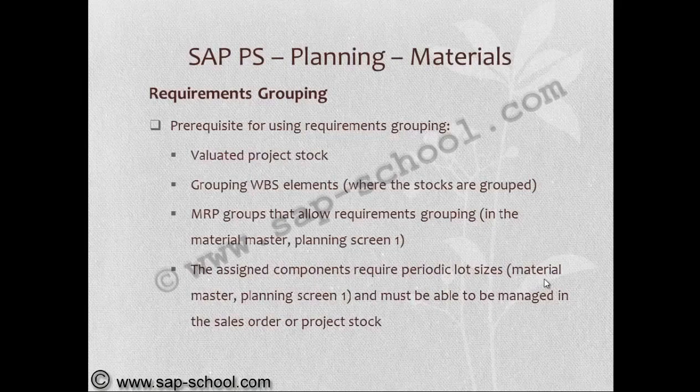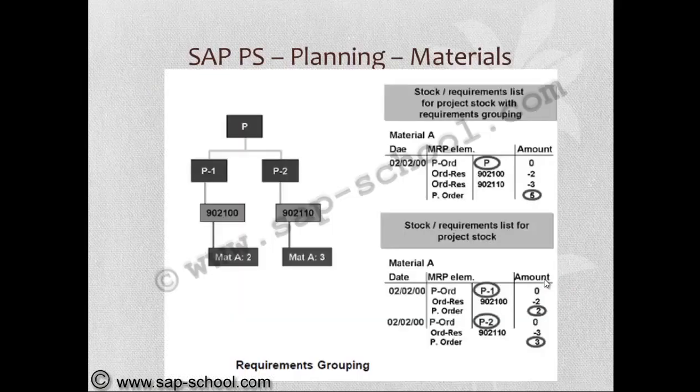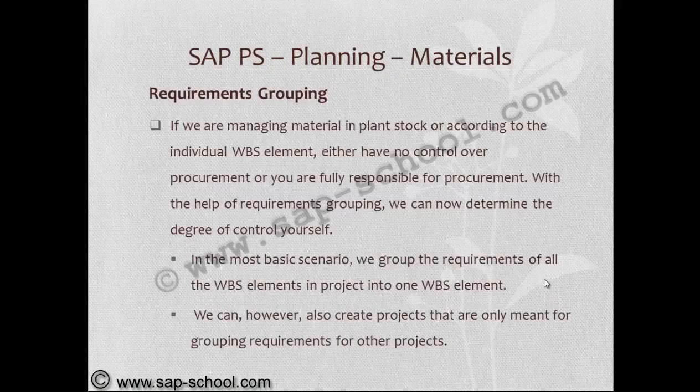So these are some prerequisites for requirements grouping. If we are managing material in the plant stock or according to the individual WBS element, you either have no control over procurement or you are fully responsible for procurement. With the help of requirements grouping, we can now determine the degree of control ourselves.